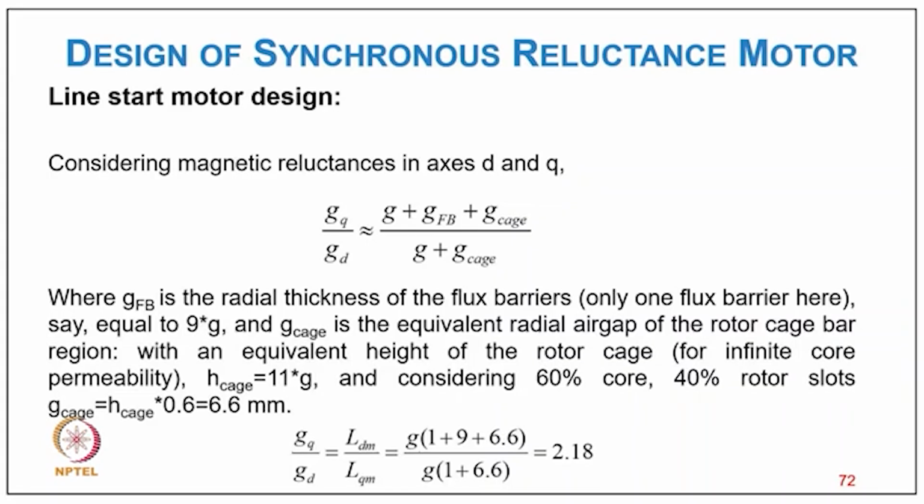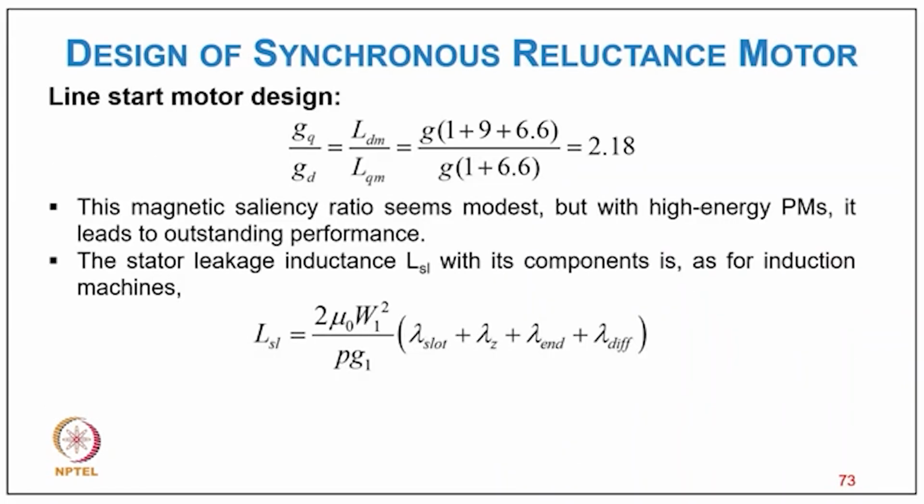So GQ upon GD equal to LDM upon LQM, and putting values it comes to 2.18. And this magnetic saliency ratio seems modest, but at higher energy per minute it leads to outstanding performance.